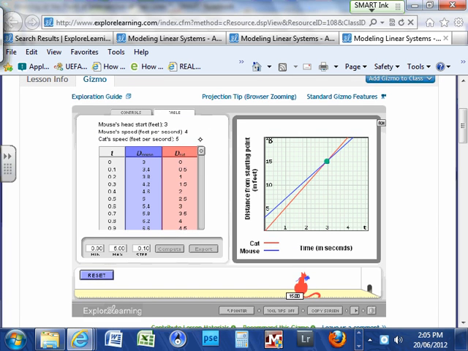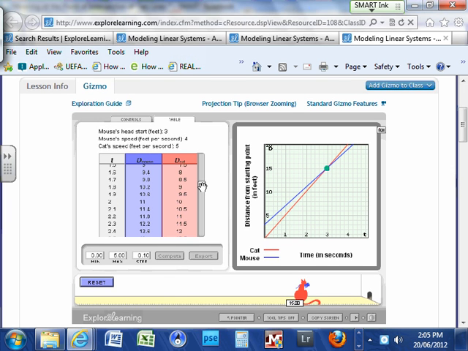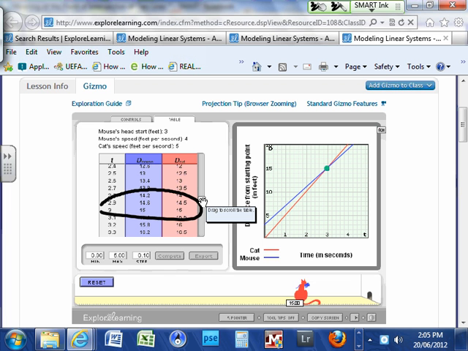So let's look at the table of values. And you see that at the time of 3 seconds, the distance for the mouse is 15 feet, and the distance for the cat is also 15 feet.